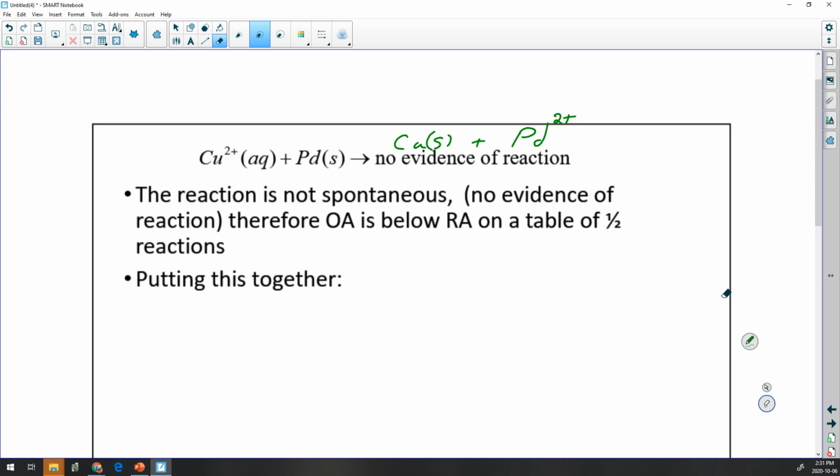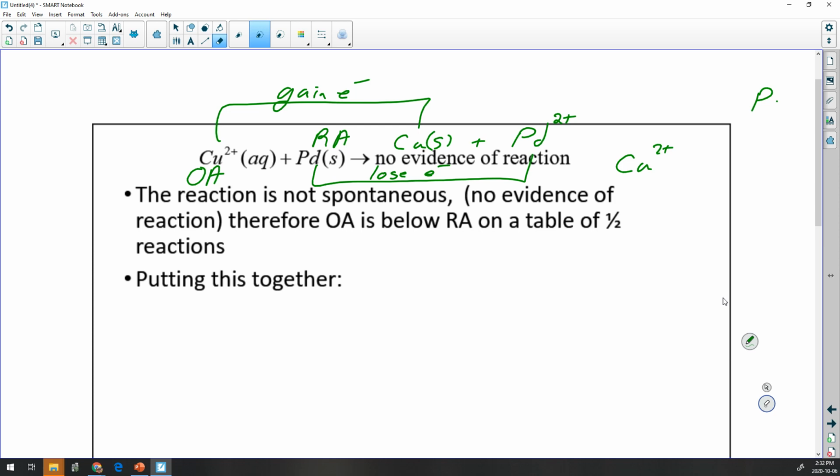What we can see here is that it tried to gain electrons, and this guy hung on to its electrons, but the copper 2 plus was trying to make the palladium lose electrons. So again, we have this trying to act as an OA, this resisting acting as an OA, or an RA, I should say. And that means my copper 2 plus falls below my palladium on my table.